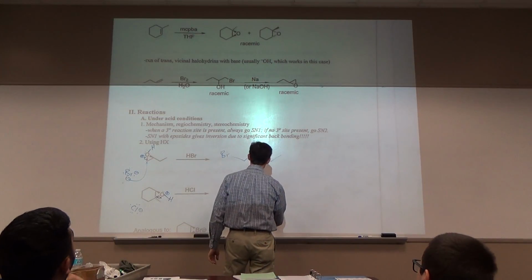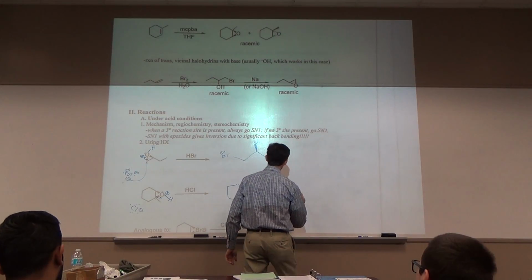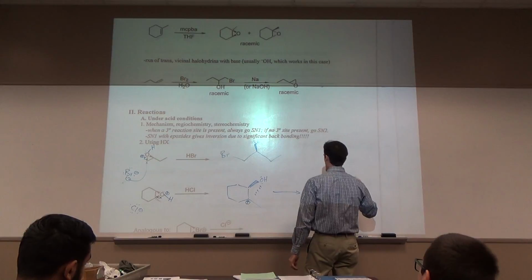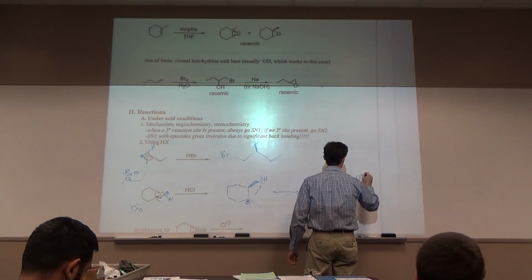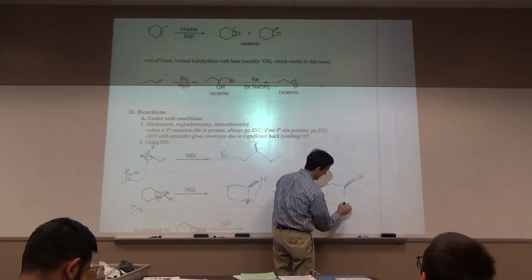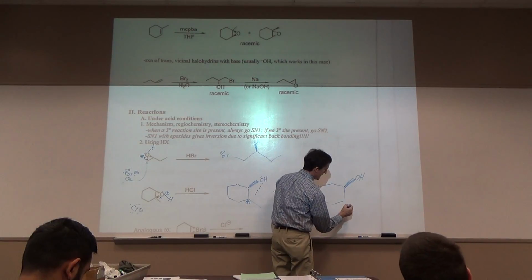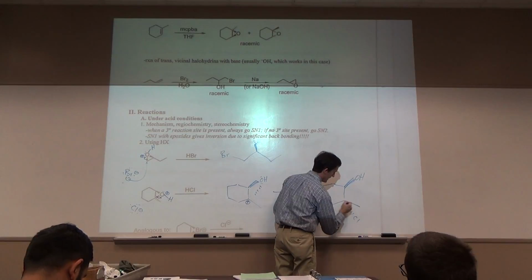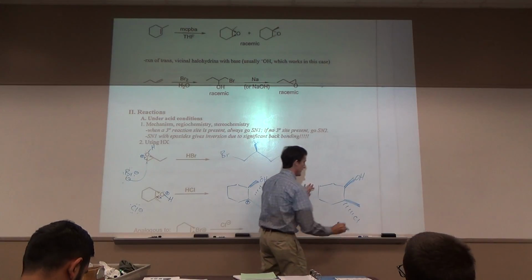Hard to show mechanism. You pretty much just have to show the outcome. And the outcome is the OH is up here. It just left, but it's still interacting. It caused the chlorine to come in opposite. It caused the chlorine to come in this way, and it pushed the methyl that way.